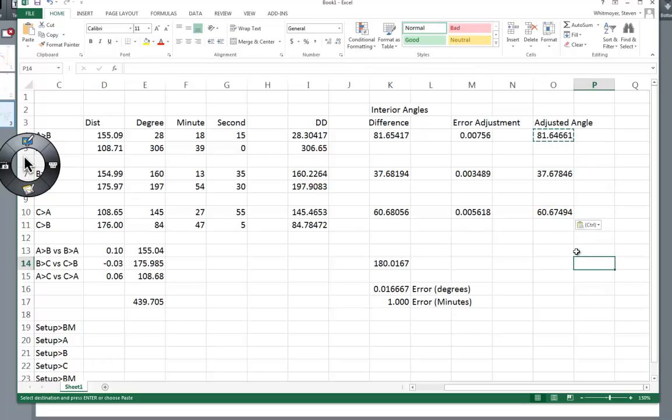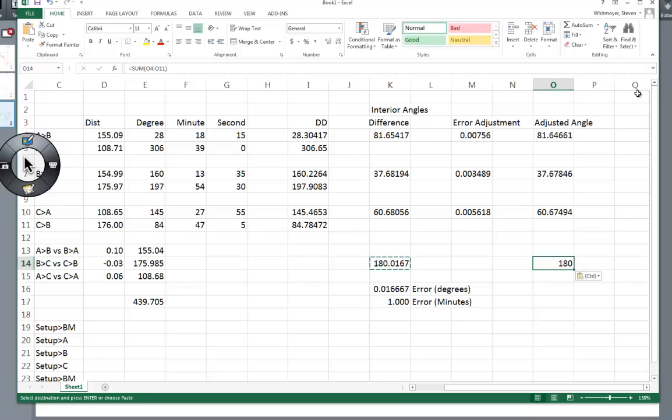So those are my adjusted angles. And now when I add those up, I get back to exactly 180. So I've weighted the error and propagated that through each of the angles. Does that make sense? Any questions on that?